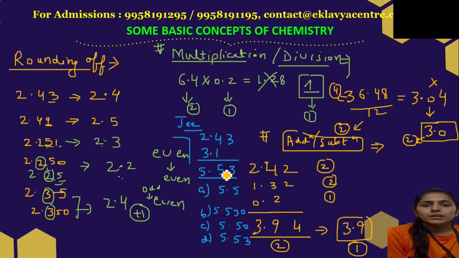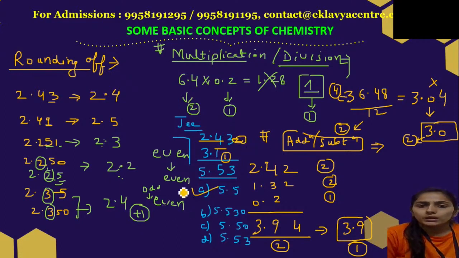See, here we have one significant digit after the decimal and here we have 2. So the correct answer must have 1 significant digit. So A is the correct option. This is how you have to solve such questions, because the options are very similar to each other and you might get confused. Okay, I hope this much is clear to you.